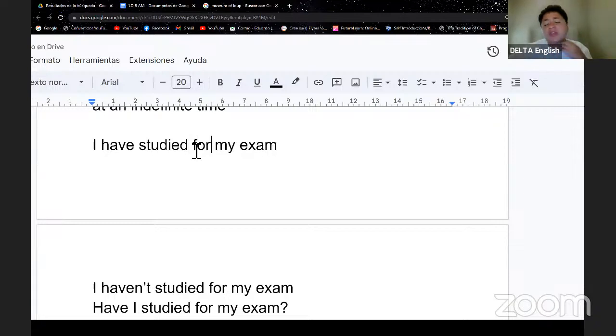Y eso es una oración intransitiva. No puedo utilizar aquí voz pasiva. If you say I have studied my exam, it means I have the exam and I studied it, right? Entonces esto querría decir que tengo mi examen y ahora lo estoy estudiando. So it doesn't make a lot of sense, but that's the only way you can use the passive voice.